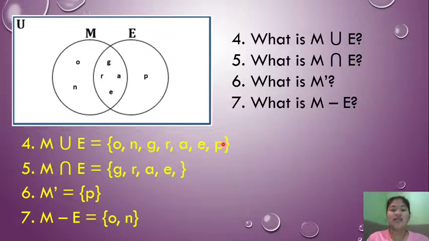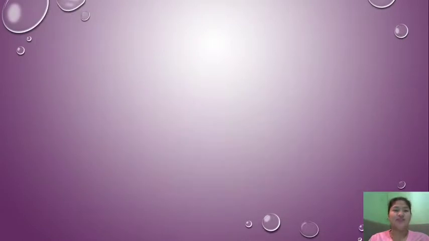So that is how we use the Venn diagram in finding the elements of a given set and in finding the answers to the different set operations. Now, what if the Venn diagram is not given and we are tasked to draw or construct the Venn diagram? Just like for this example.